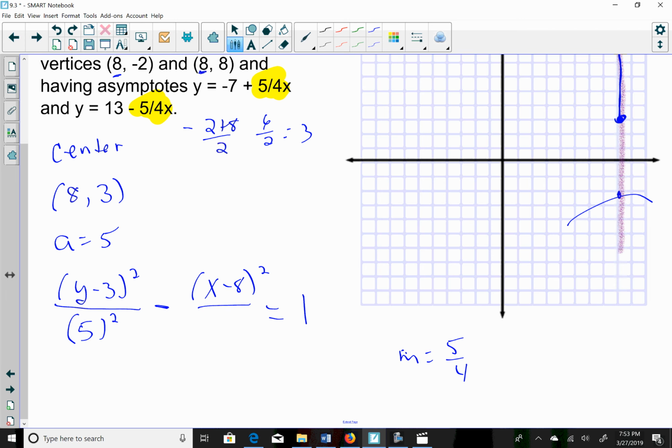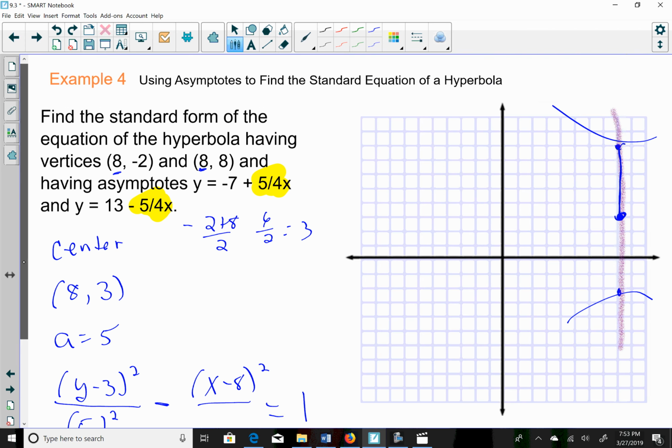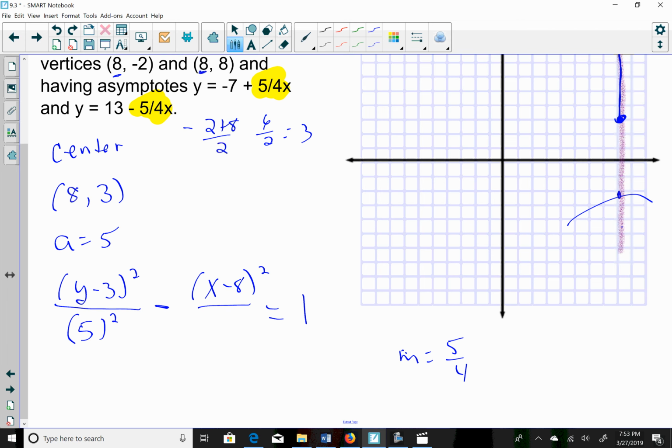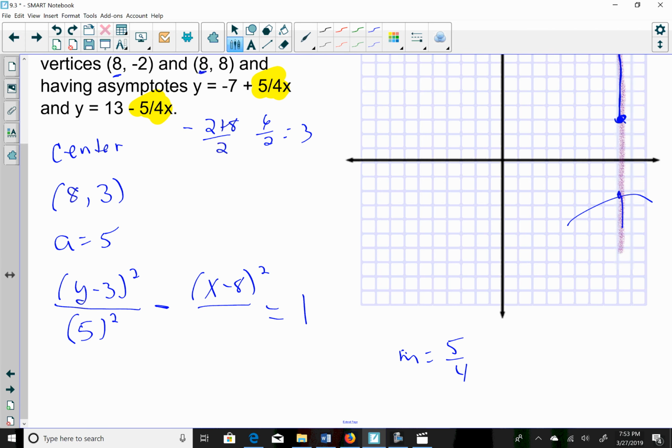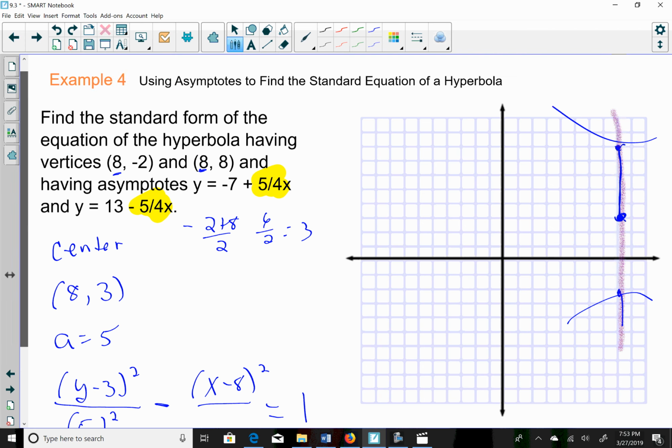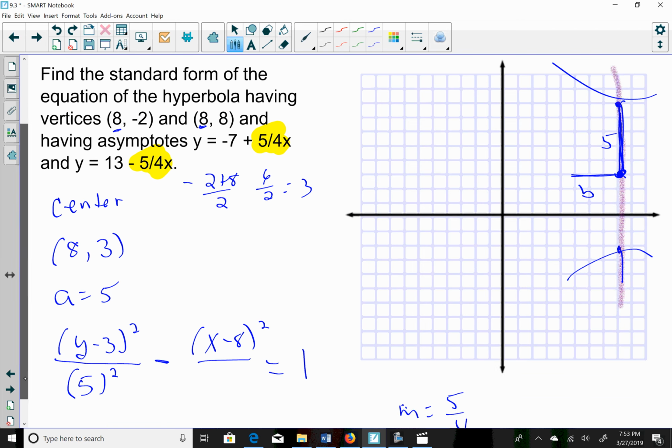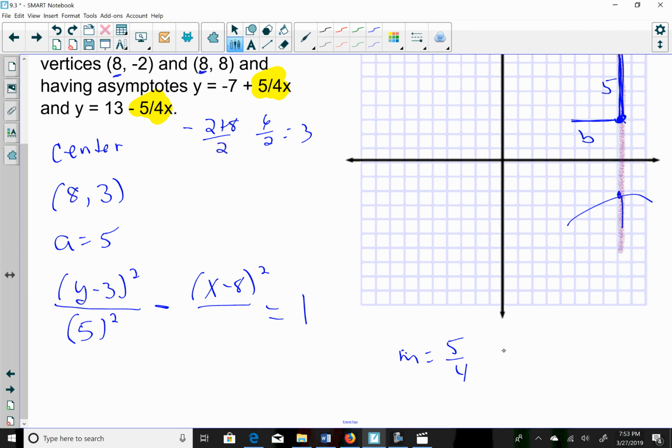So I have to figure out if it's a over b. Well, this is my rise. If I were to draw these boxes, this would be my rise, which we just said was 5. And then this would be my run, which will be my b, which is what I don't know. So I'm going to say 5/4 is equal to 5 over some number.